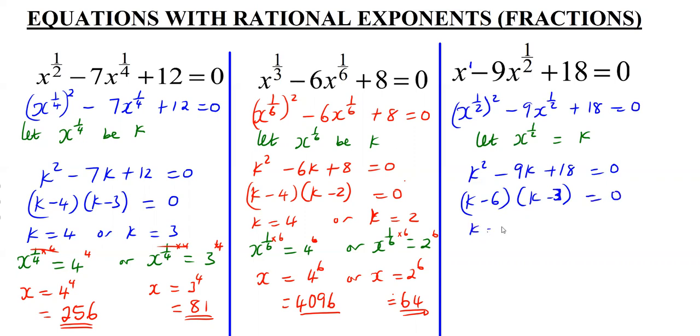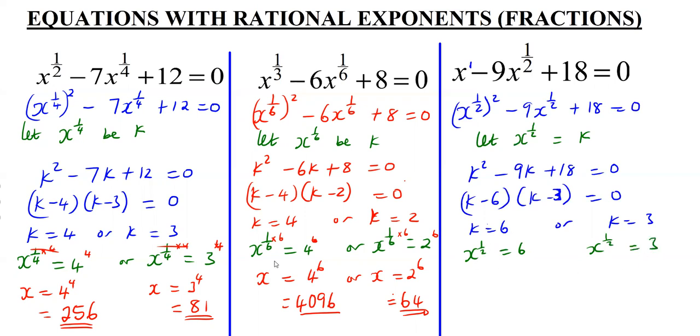Then k is equal to 6, or k is equal to 3. So for this one now, what do we do? We're going back again to say x to the power 1/2 is equal to 6, or x to the power 1 over 2 is equal to 3.